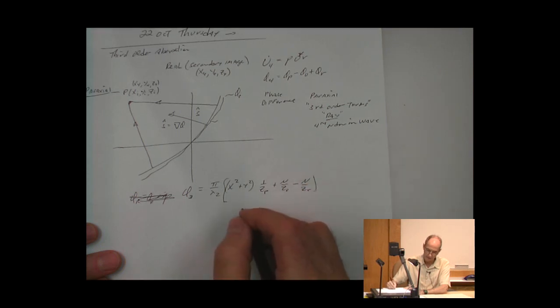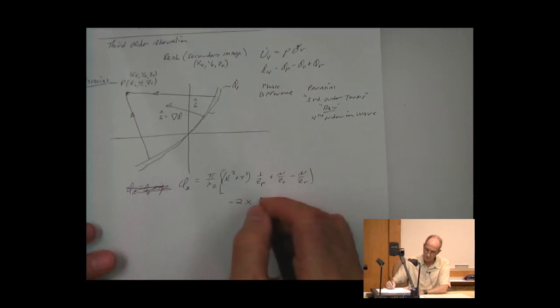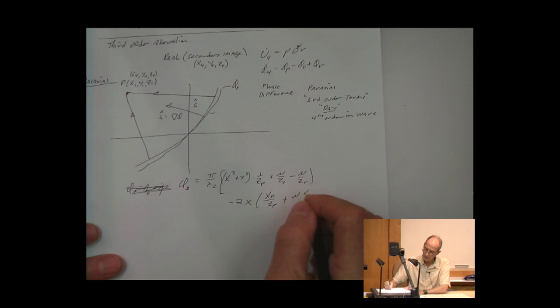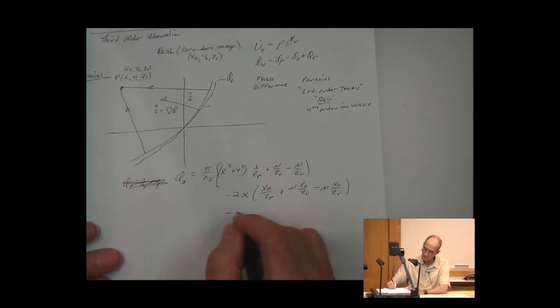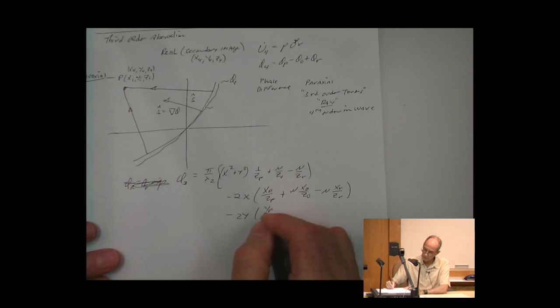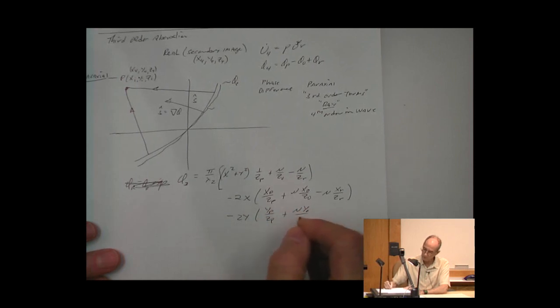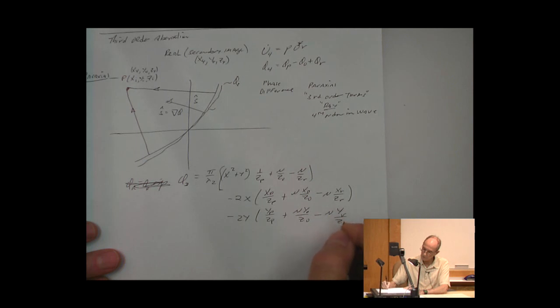And then we had a minus 2x, xp over zp plus mu xo over zo minus mu xr over zr, and a minus 2y, yp over zp plus mu yo over zo minus mu yr over zr.